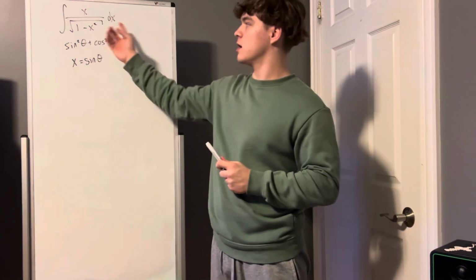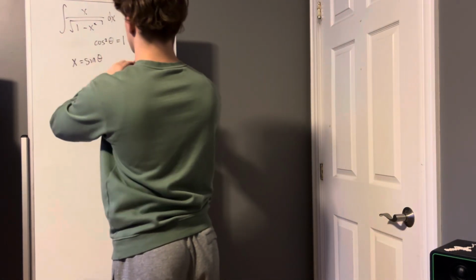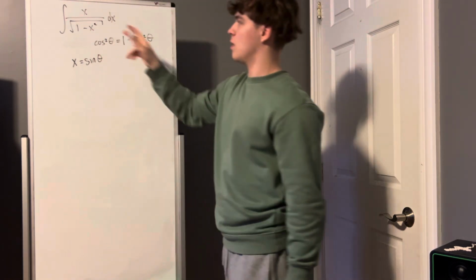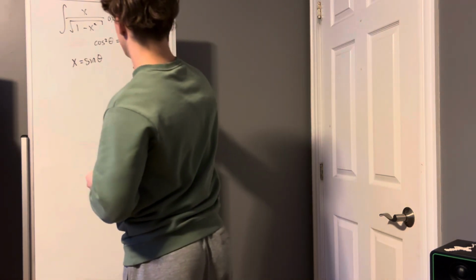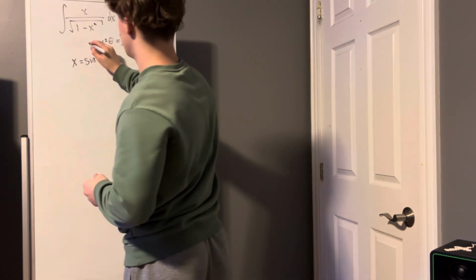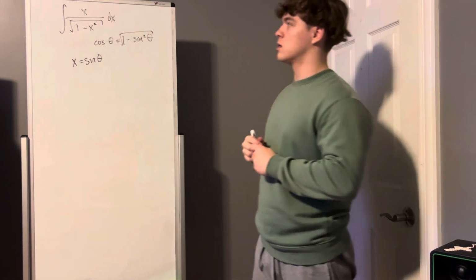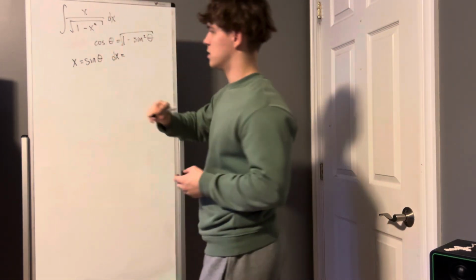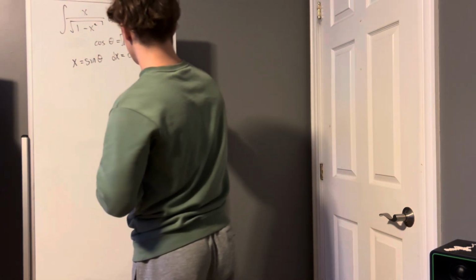So 1 minus sine squared theta, or 1 minus x squared, equals cos squared theta. We root both sides because that's what we have in here. We just have a regular cos theta. So let's find our dx term. Let's differentiate both sides. That's just cos theta d theta.